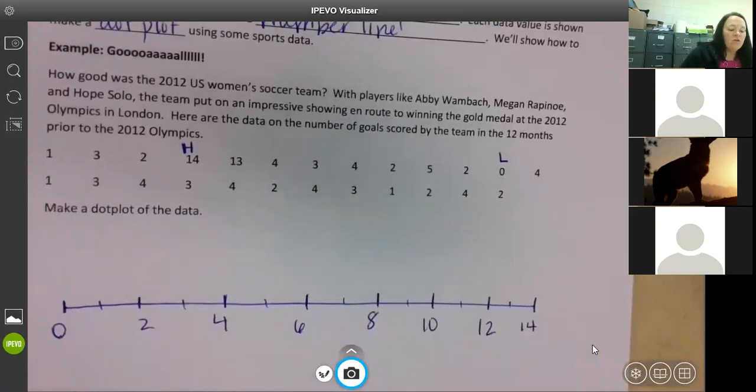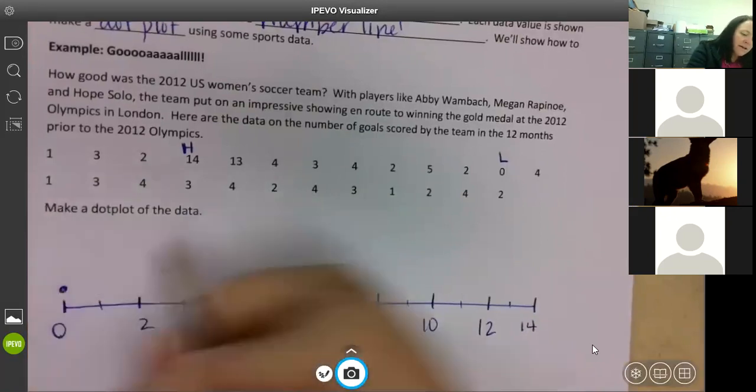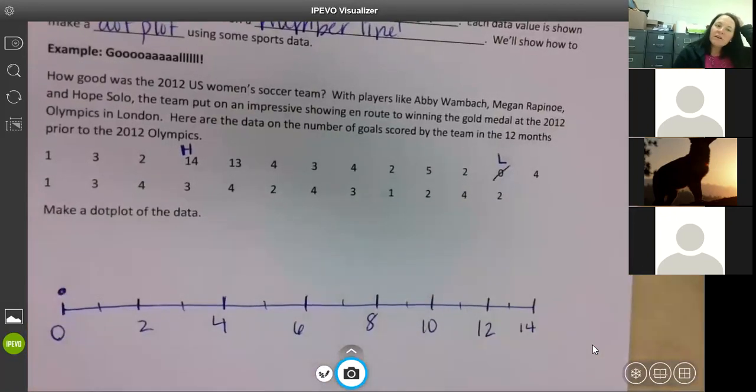So then what you've got to do is look, how many 0s do you have? 1. So we're going to put that right there, just like that. When you move on to your next category, how many 1s do you have? Come on, guys. How many? 3.